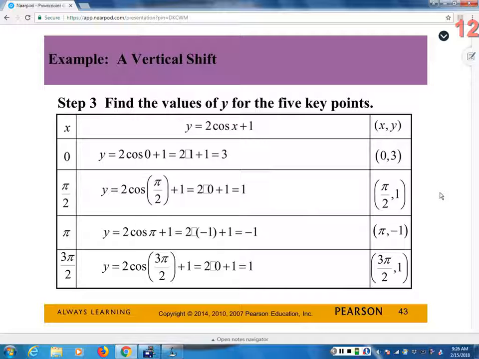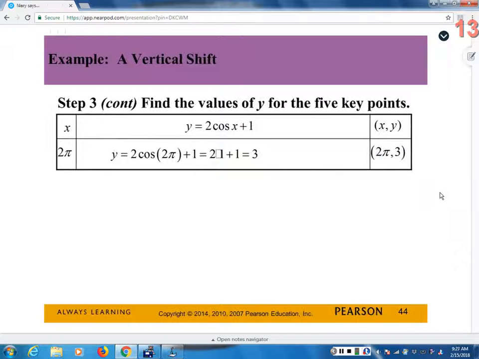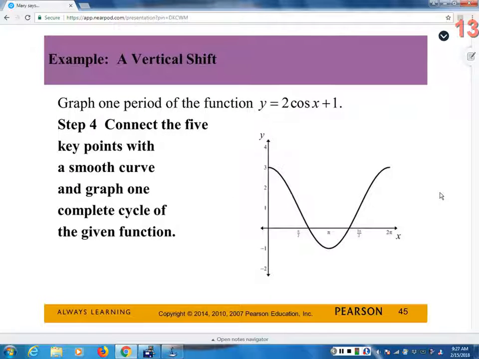And you can do it this way too, whichever way you think makes more sense. So we get the points 0, 3, pi over 2, 1, pi, negative 1, 3 pi over 2, 1, and 2 pi, 3. We got the same points. And then we're going to graph it.